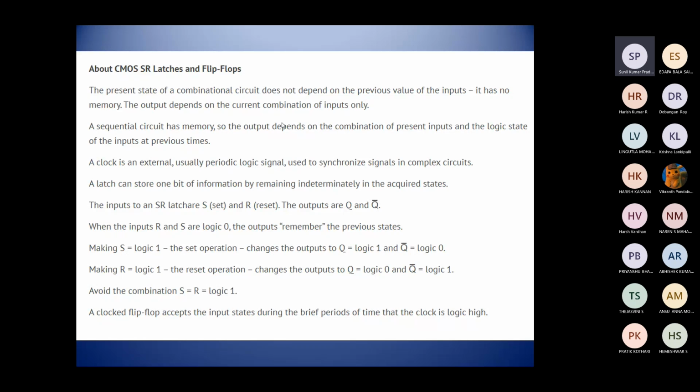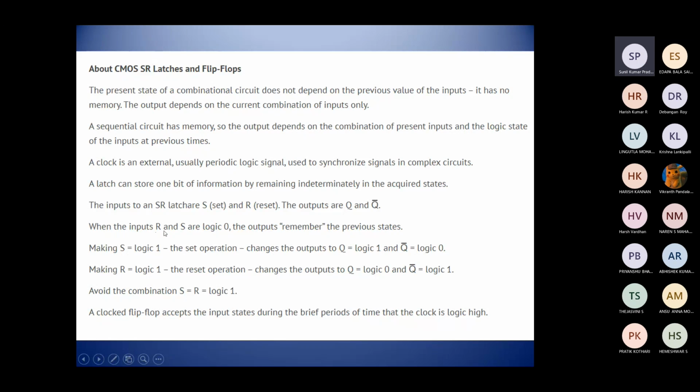Now, a latch can store one bit of information by remaining in acquired states. The inputs to an SR latch are S, called set, and R, called reset. The outputs are Q and Q complement, which we have discussed so far in today's class.